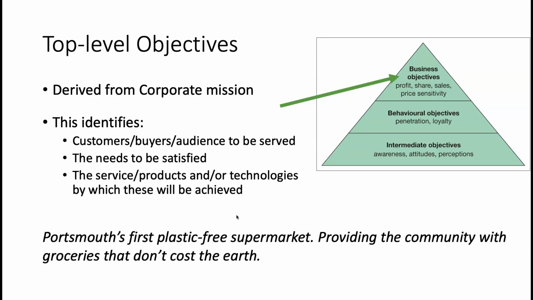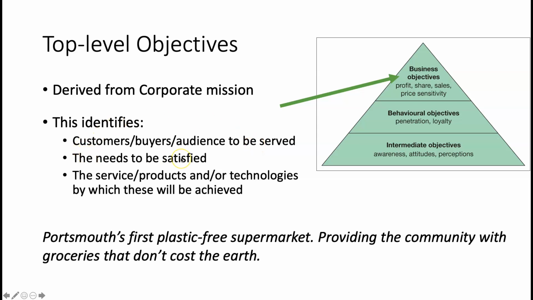So just to reiterate with the example I gave earlier, with the mission statement derived for the package-free larder, we've identified the Portsmouth community, so hopefully you can see here in the mission statement, Portsmouth and community. So here we're actually identifying who the customers, buyers and audiences to be served are.